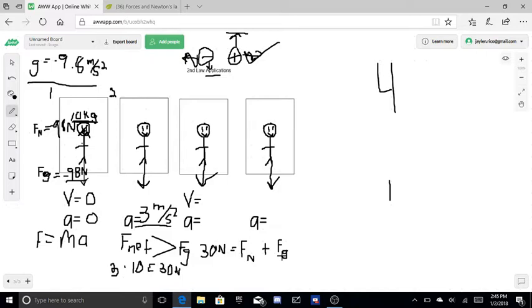I messed that up, now I know my error. This is the normal force, which is greater than the force of gravity, and 30 newtons is our F net.